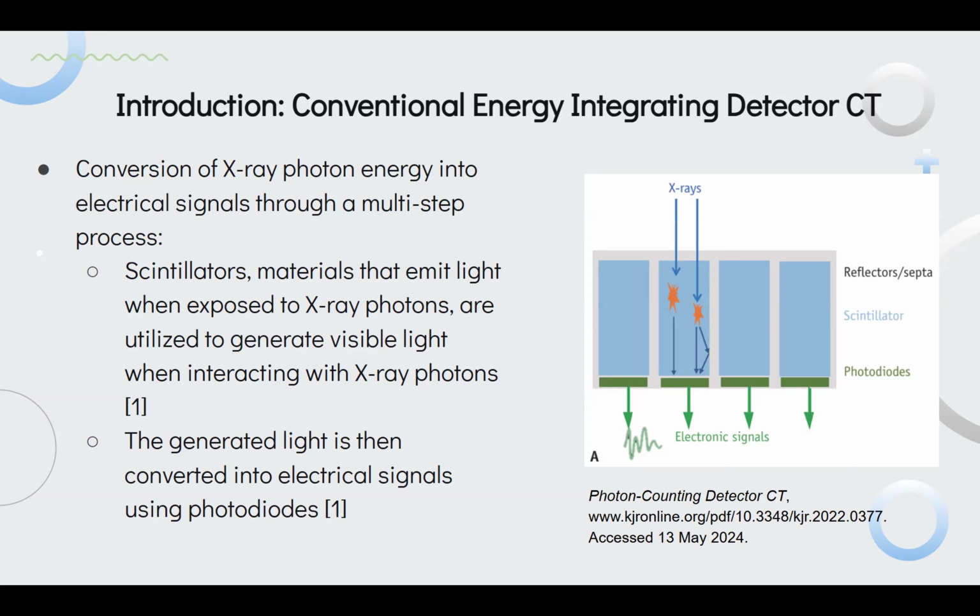The generated light is then converted into electrical signals using photodiodes. The schematic on the right uses a scintillator to generate the visible light when the incident X-ray photon hits it. Then the light is recorded by a photodiode, with reflectors in between detector elements to reduce crosstalk.